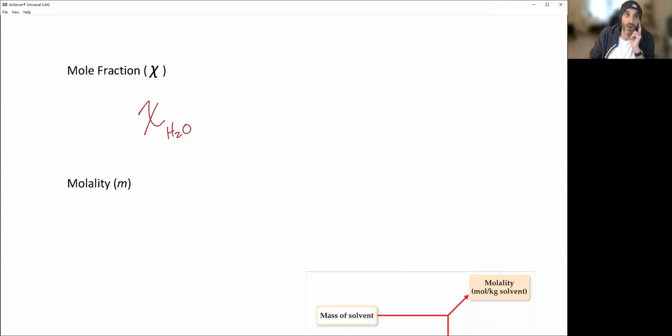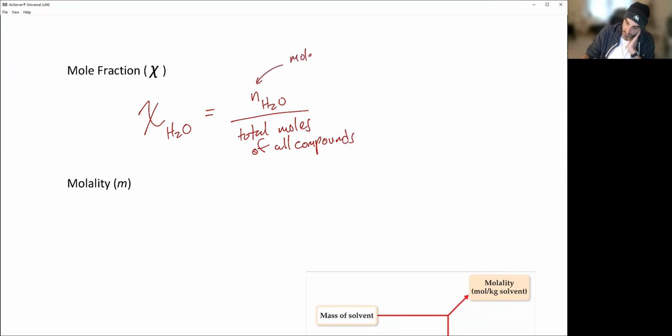The mole fraction of water is equal to N moles of water over the total moles of all compounds in the solution. Again, the N is moles. So moles of water over the total moles present.